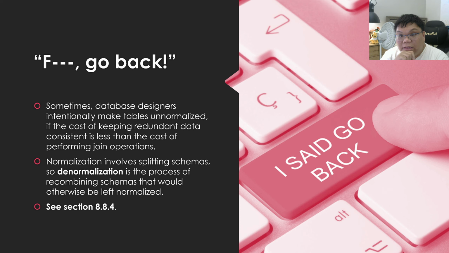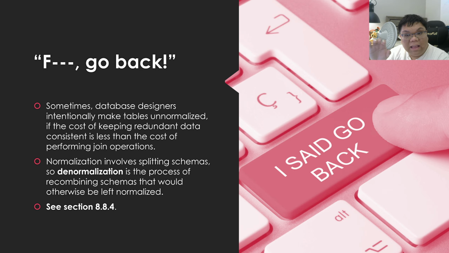However, sometimes because you are breaking up a table into smaller tables, if you want that original large table, you have to perform join operations to get that large table back. If it is more expensive to do those join operations than it is to maintain consistency with redundant data, then you have justification to leave it unnormalized.